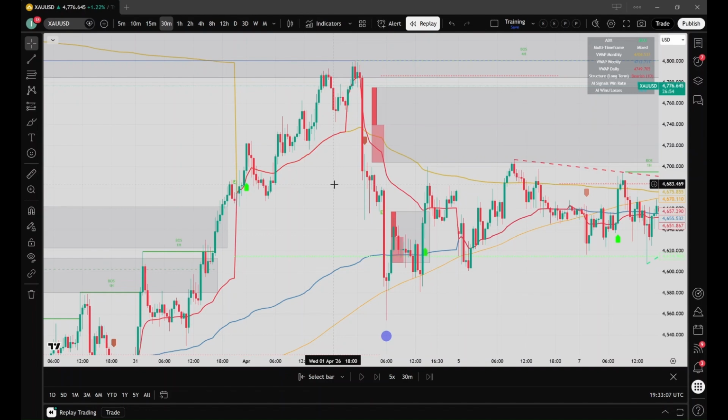So they're your foundation. They don't just show where price moved, they also show how it moved and where the real inefficiency sits. These are your key areas where price is likely to return, react, or rebalance.